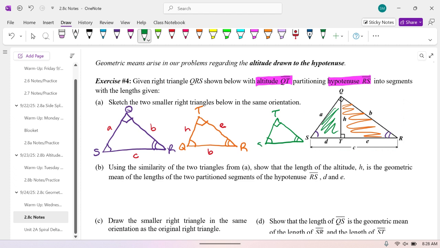S. Which leaves Q as the 2 tick. So if I label the sides, ST is D, TQ is H, and SQ is A. So this is just review from yesterday.